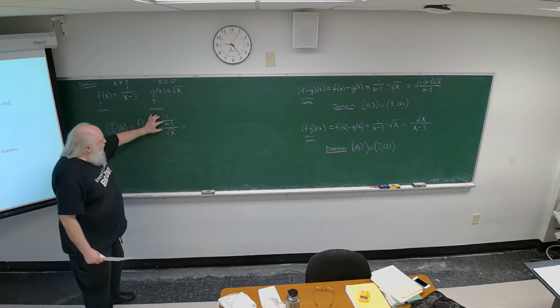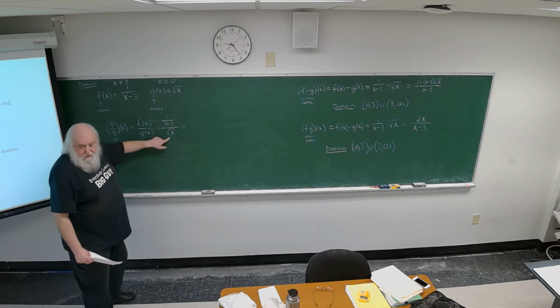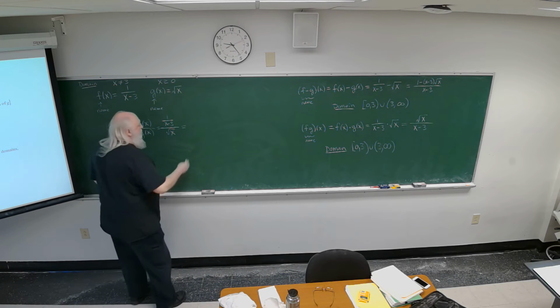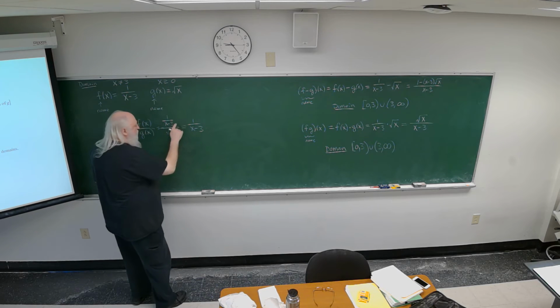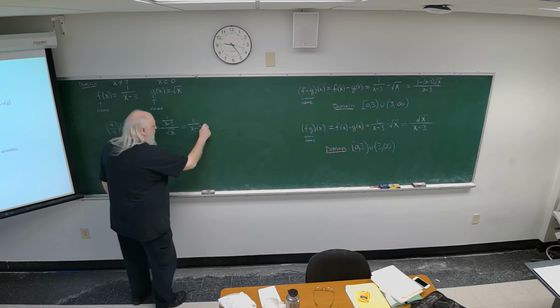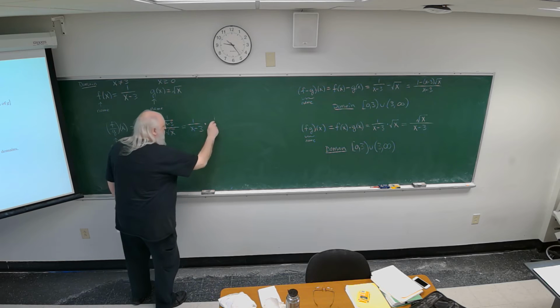This is the main numerator, this is the main denominator. Keep, switch, flip. So we have 1 over x minus 3. We keep that. We switch division to multiplication, and then we flip the square root of x, which is 1 over the square root of x.